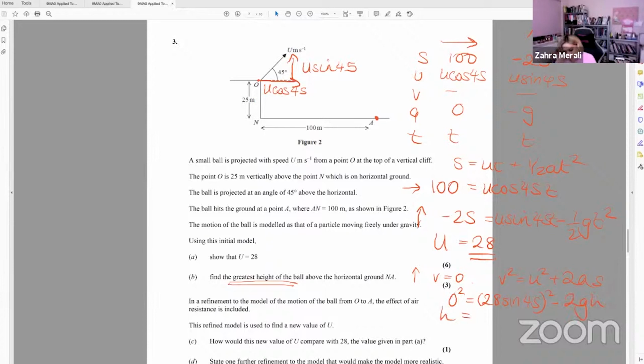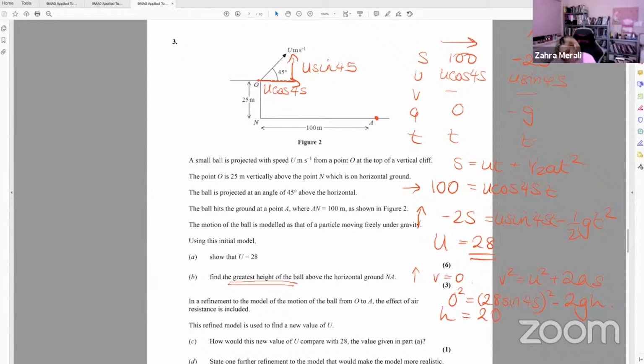I solve that for h, and I get 28 sine 45 squared divided by 2 times 9.8.